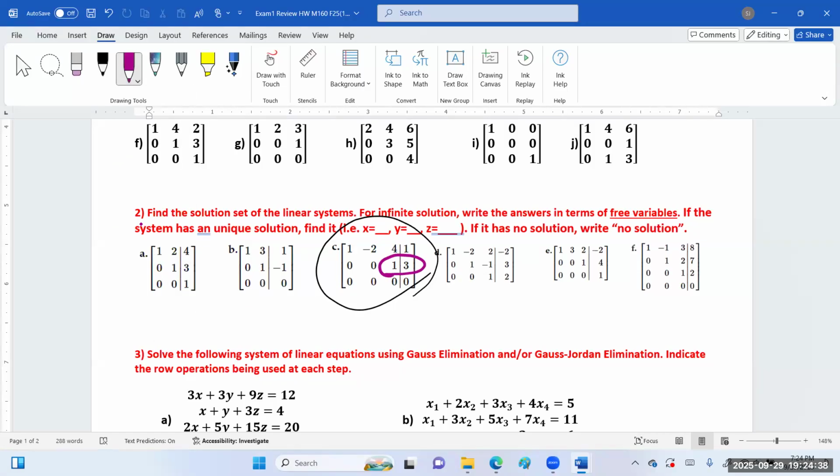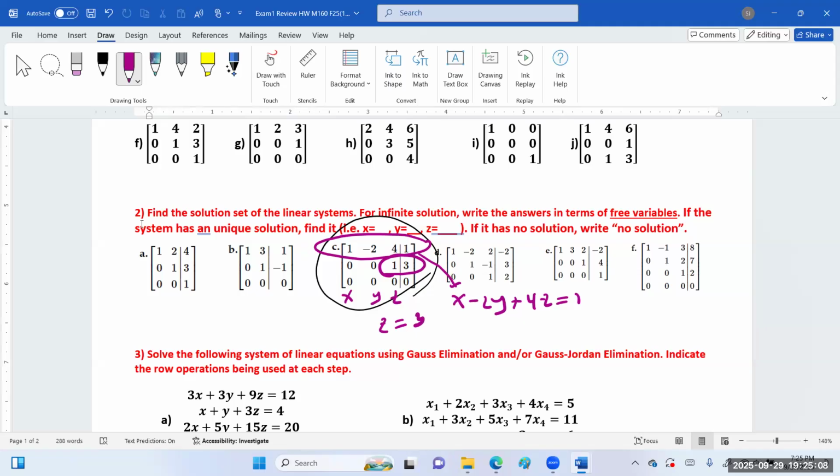You can use x1, x2, x3, or you can use xyz. If you use xyz, that means this is telling us that our z is 3, right? And then this one is telling us x minus 2y plus 4z is 1, right? This is what is given here.